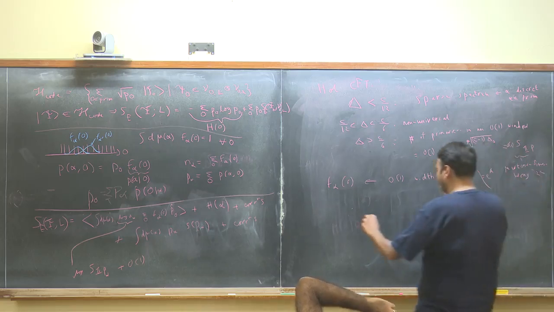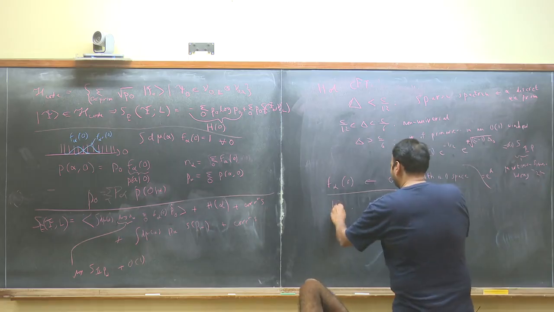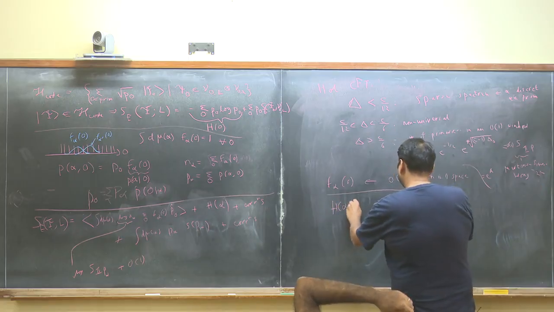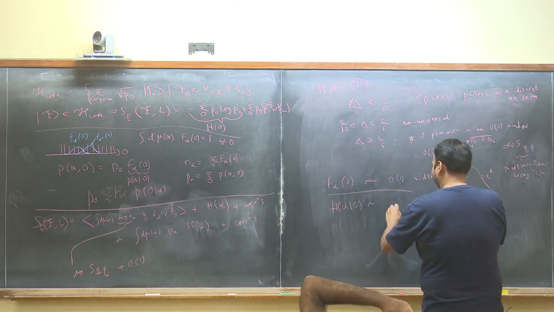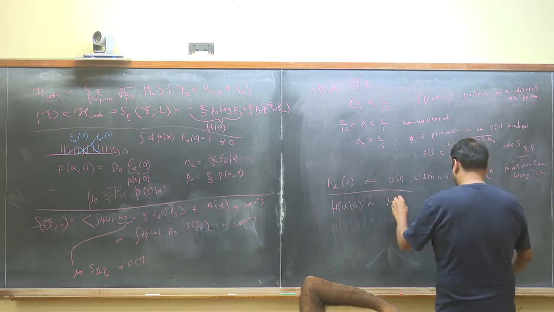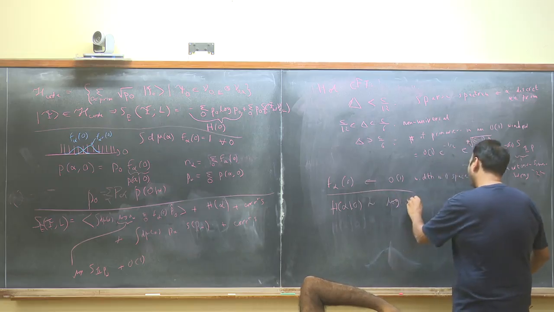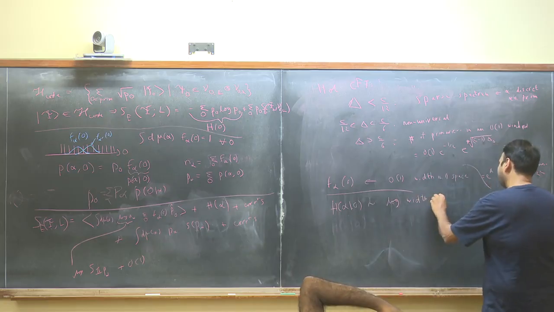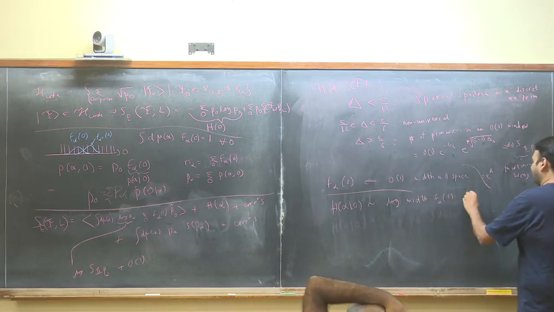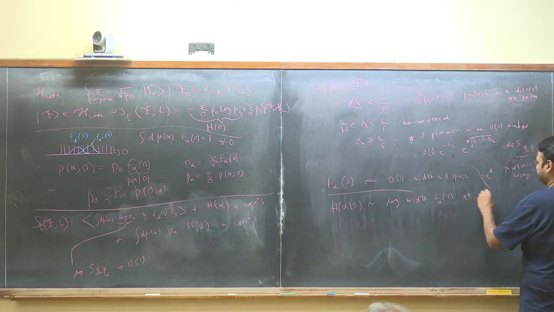Now let's look at this h of alpha given O, which was the binning constraint. It basically becomes log of the width of f alpha O at peaked alpha.